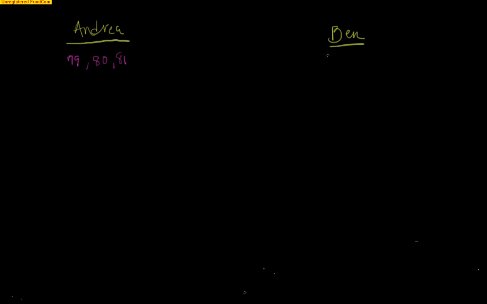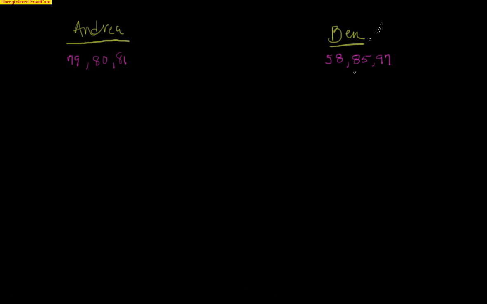Actually, these are in numerical order, not chronological order. For Ben, he earned a 58, then an 85, and one of his exams was a 97. So just by glancing at this data, we can see that Ben's scores are much more spread out than Andrea's.